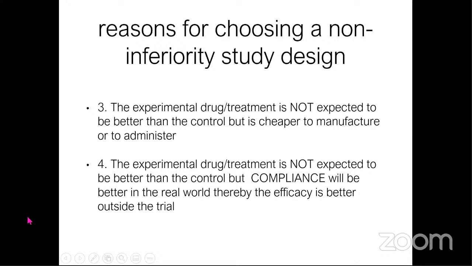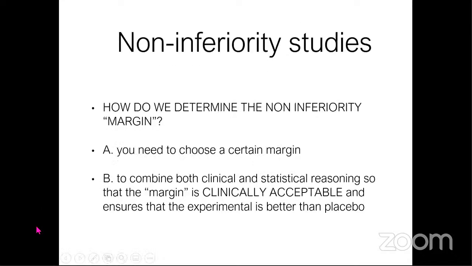So the experimental drug treatment is not expected to be better than the control, but is cheaper to manufacture or to administer. Or the experimental drug treatment is not expected to be better than the control, but compliance will be better in the real world, thereby efficacy is better outside the trial.